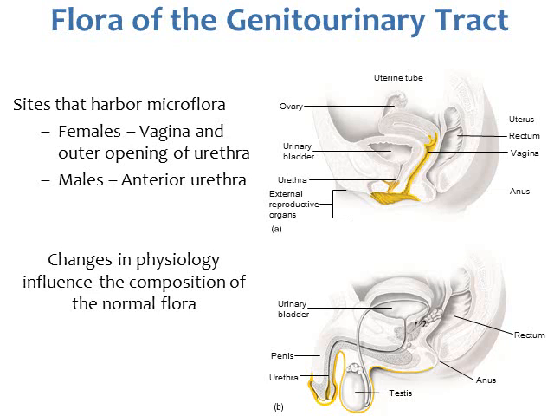In males, they have bacteria on the anterior urethra. Changes in our physiology in these areas can change the composition of the normal flora. So for example, yeast infections in females are usually due to a change in pH, or if that normal flora gets out of balance.